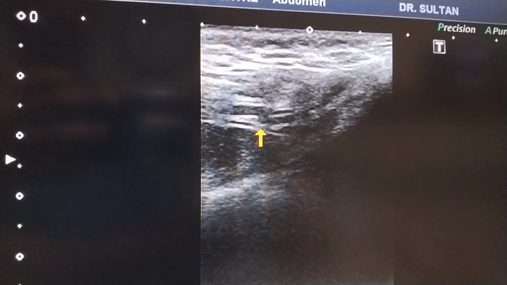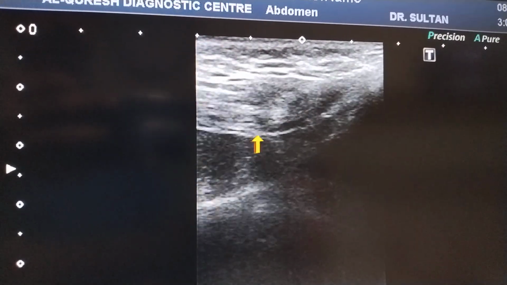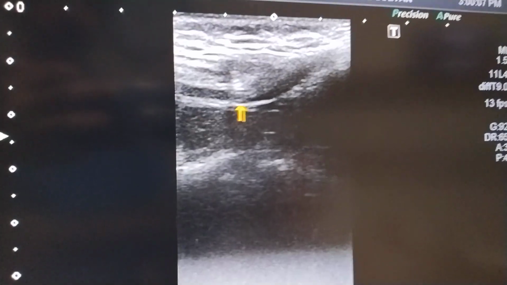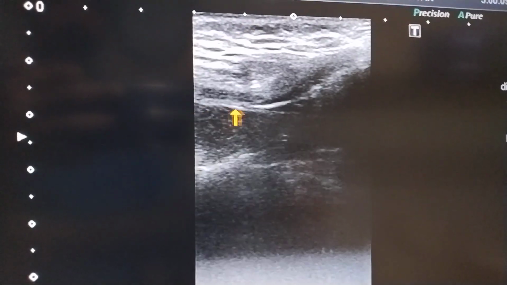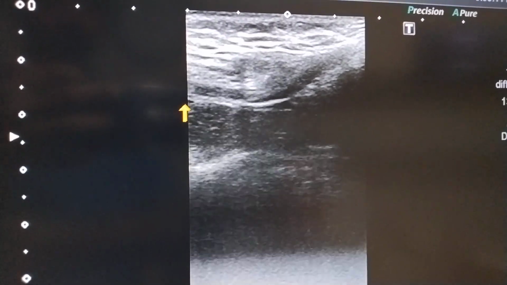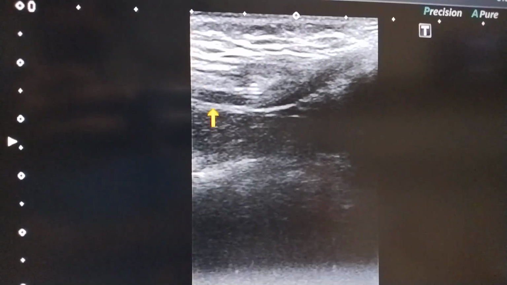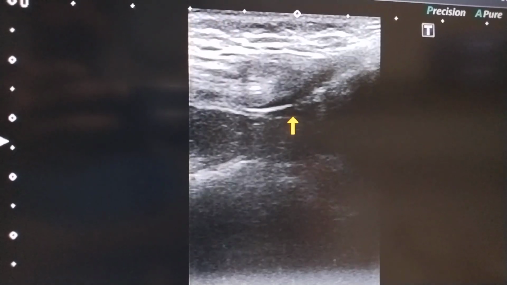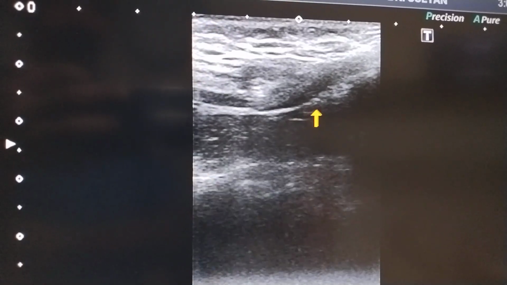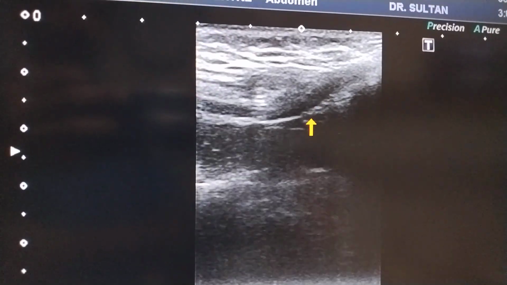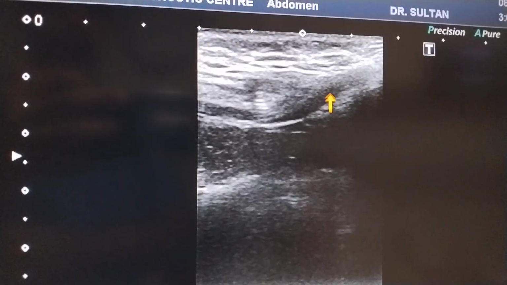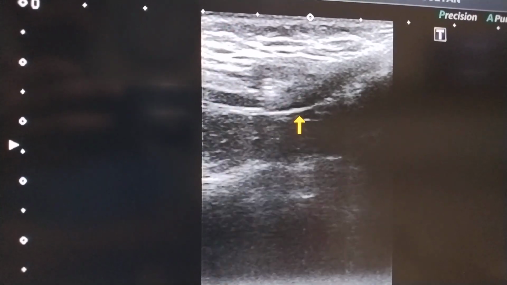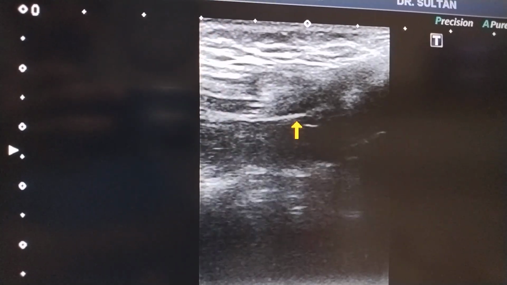The posterior wall of the inguinal canal is composed of fascia transversalis from the deep inguinal ring towards the medial part, and close to the superficial inguinal ring, the medial portion of the posterior wall is formed by the conjoint tendon.